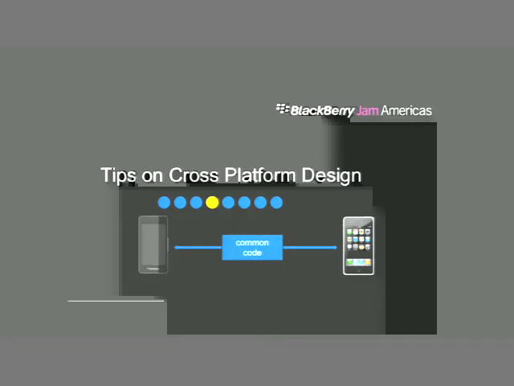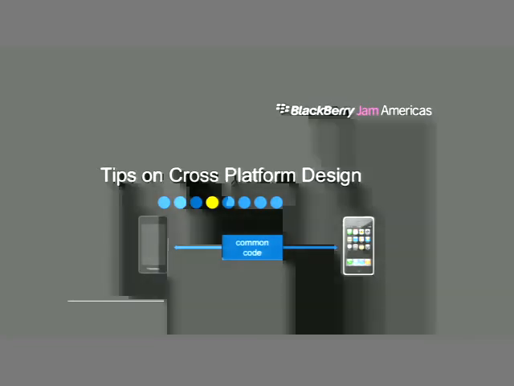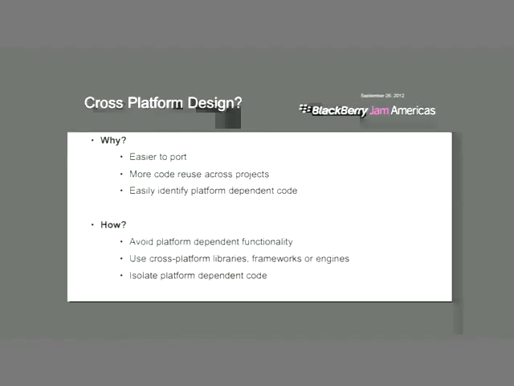So let's look at some of the tips on cross-platform design and look at how to leverage some of the commonalities between the platforms, because I think when you actually have the option to do so, this is the most pain-free way to move forward. Why? Because it's so much easier to port your applications if you have thought about these things ahead of time, and you want to reuse as much code as possible.